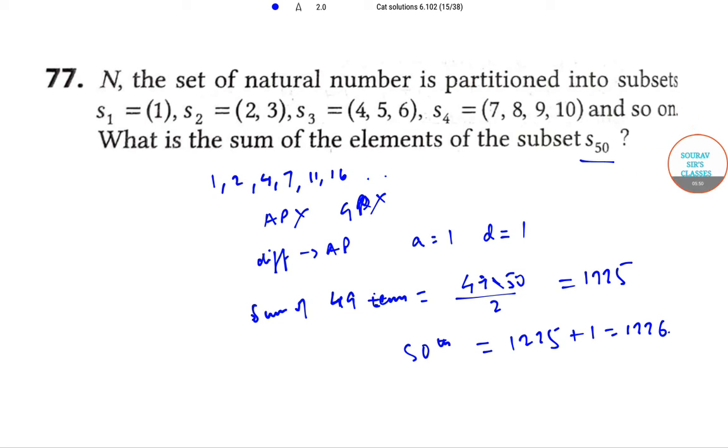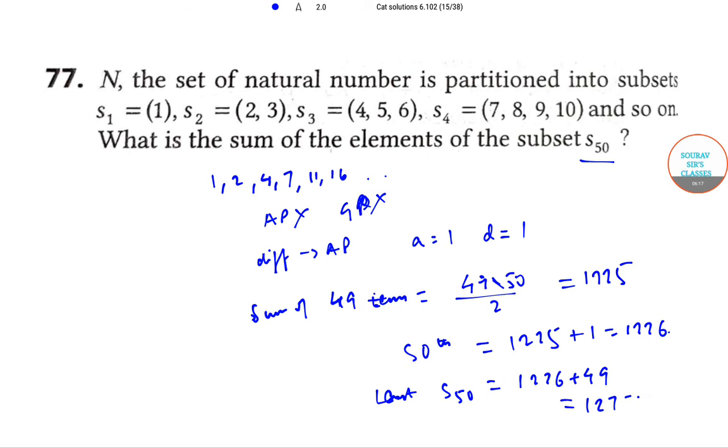Now, this will be the first element of the set S50, which will have 50 elements. So the last element of S50 is equal to 1226 plus 49, that is 1275.